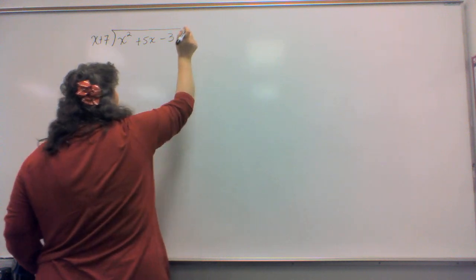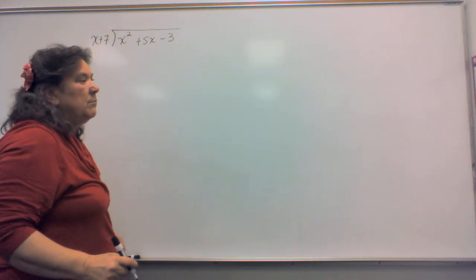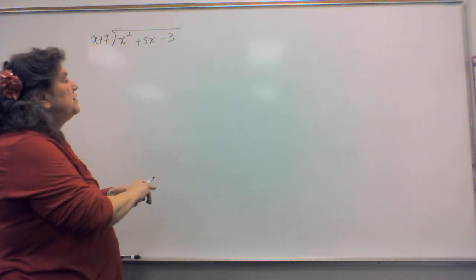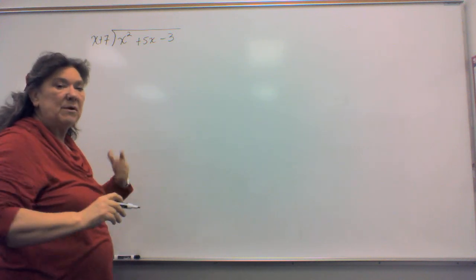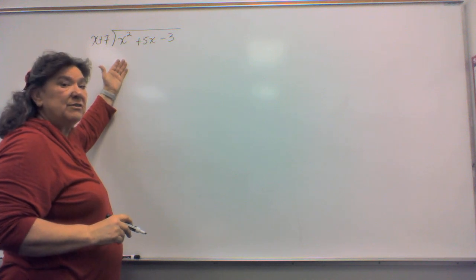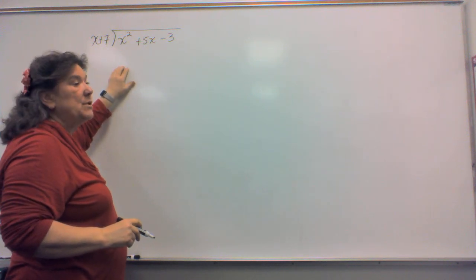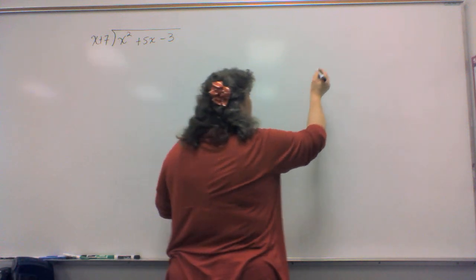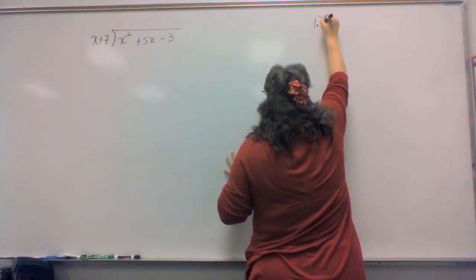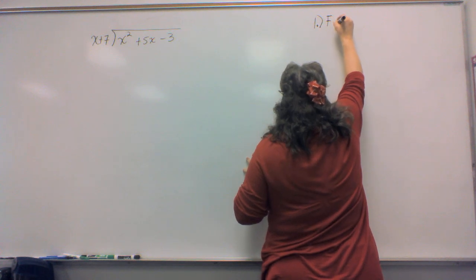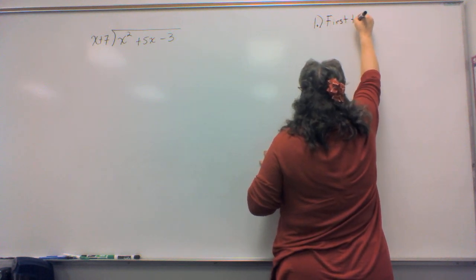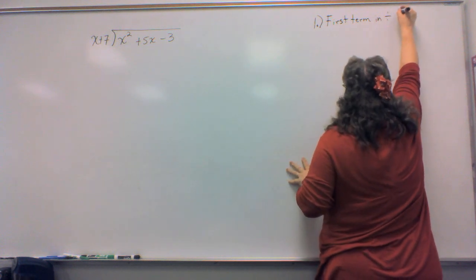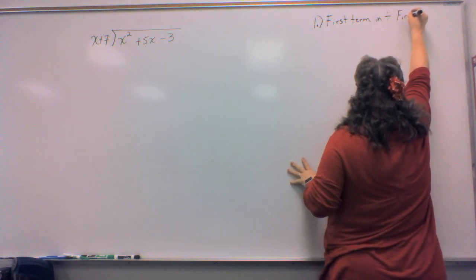Okay? So there are some differences between the long division we just did, but not a lot. Remember, we looked at the first digit in the number. It wasn't big enough, so then we looked at the first 2 digits. Well, this has something similar, only now we say first term in divided by first term out.